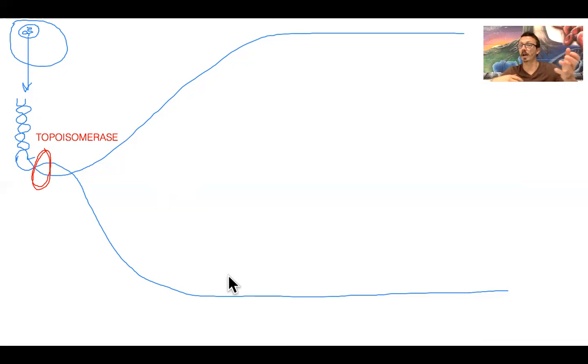It's kind of like if you were to cut a board with a saw, you might use some clamps or jigs to hold the wood still while you cut it, or even just using your hands to cut fabric or paper with scissors. The topoisomerase holds it still while you make the cuts and while you work on the material. So that's topoisomerase, just holding everything still and preventing supercoiling, because you don't want it to fold back over on itself.